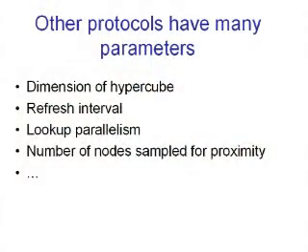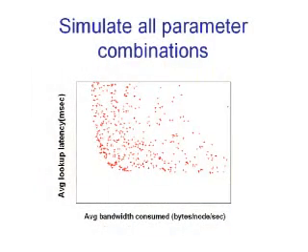If the x-axis is the bandwidth budget, the average lookup latency of Accordion will be a curve, with one lookup latency for every bandwidth budget. So it's really a performance curve rather than a single value. For all of the other protocols, we have lots of protocol parameters, for example, the dimension of the hypercube, how fast each node refreshes its routing table, the lookup parallelism, etc. Nobody knows how to set them.